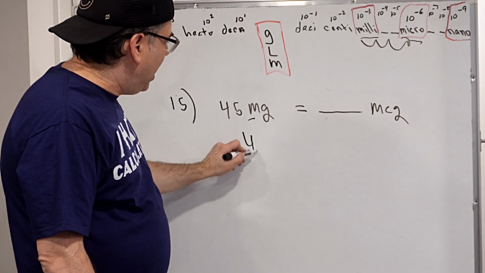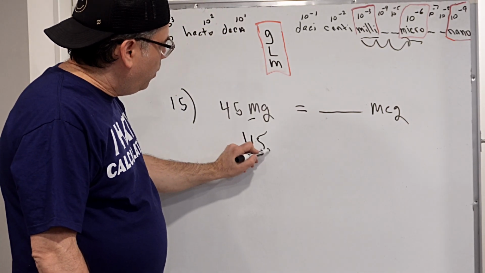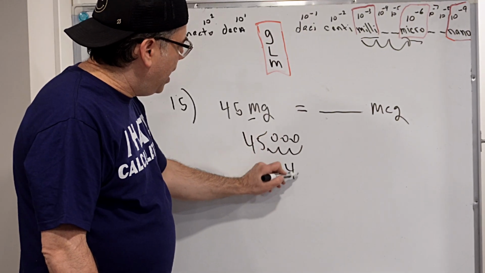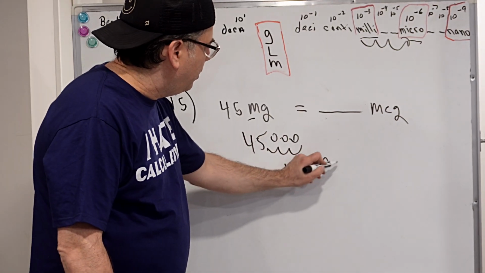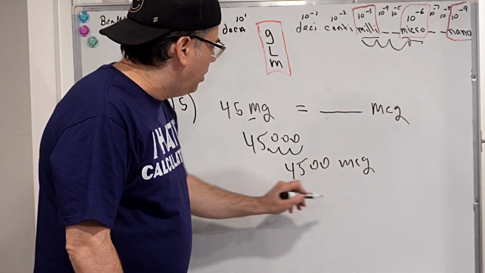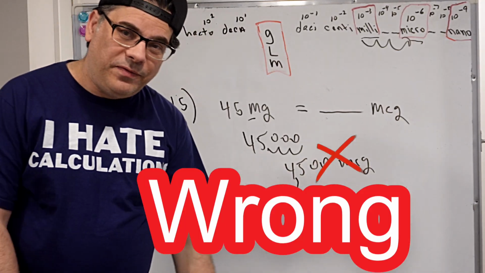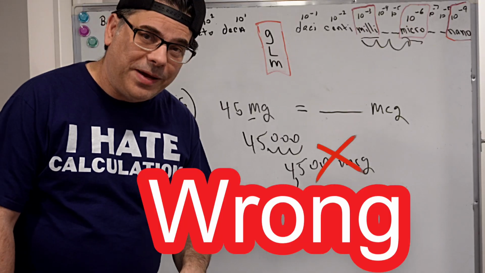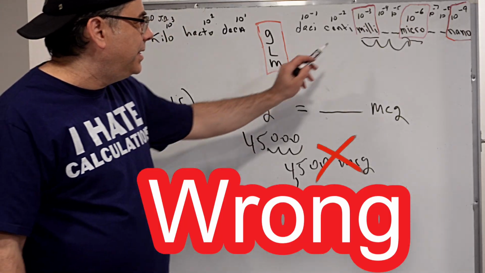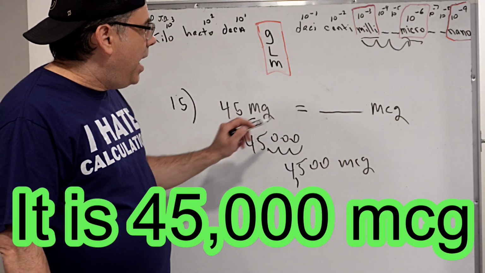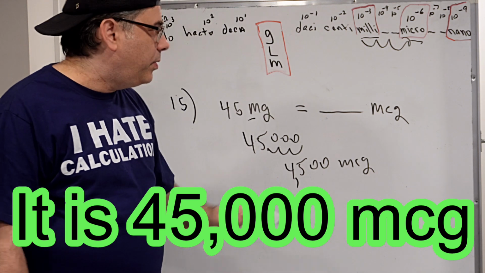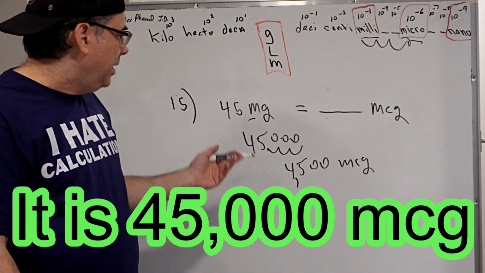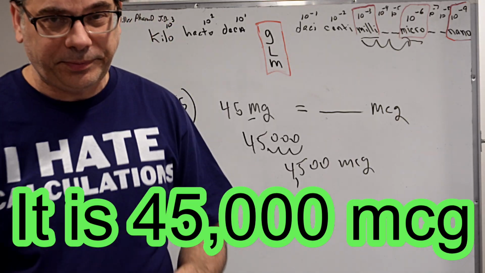So we have 4,500 micrograms. 45 milligrams is 4,500 micrograms. 3-step dance. Milli, 10 to the negative 3. We're going to micro, 10 to the negative 6. 3 to the right. And that's question number 15.